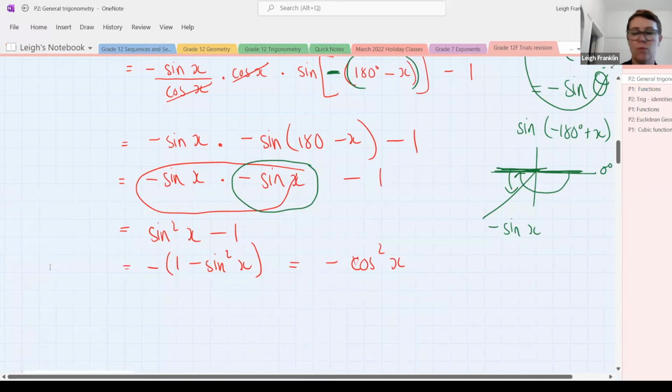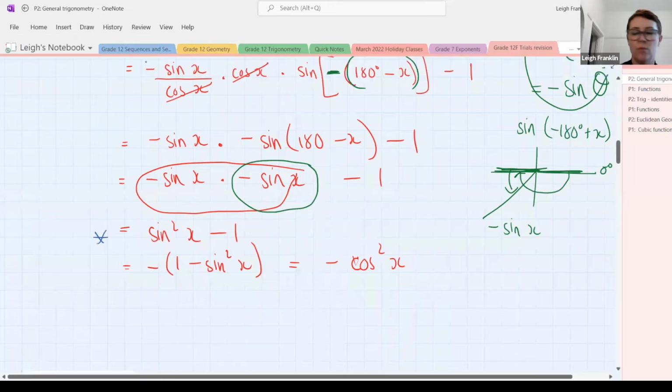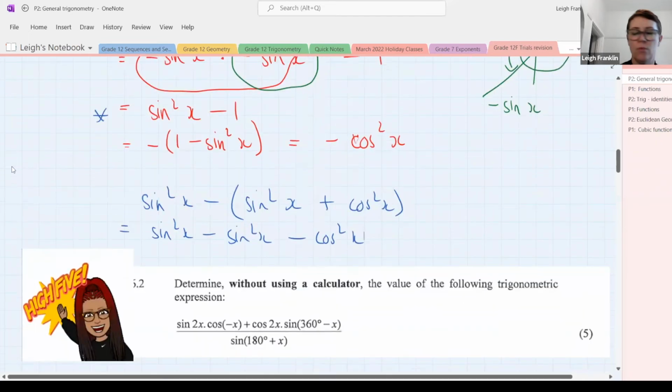At this point over here, you could have said sine squared x minus sine squared x plus cos squared x. So that would have ended up being sine squared x minus sine squared x minus cos squared x, and we still would have ended up with negative cos squared x as our answer.